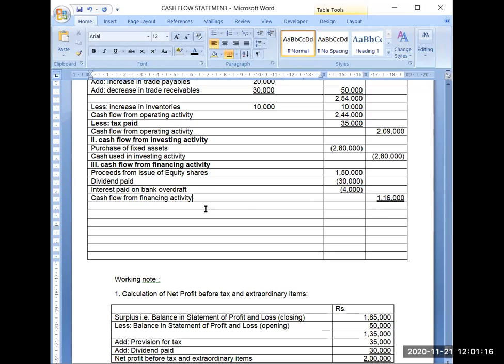Now, at the last, we will find out in step 4 the net increase or decrease. First we will check before writing. See, this is inflow 2,09,000. This is inflow 1,16,000. So obviously my inflow is more than my outflow, so it will result in net increase in cash and cash equivalents.